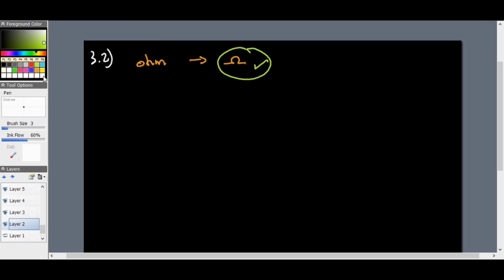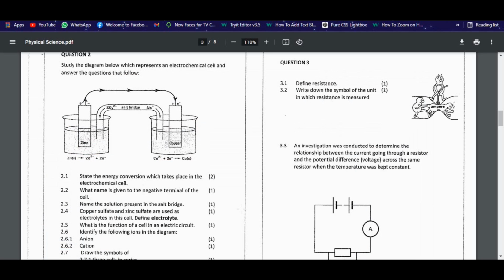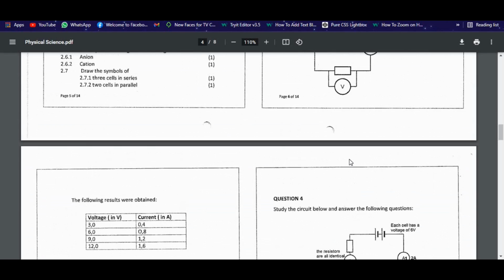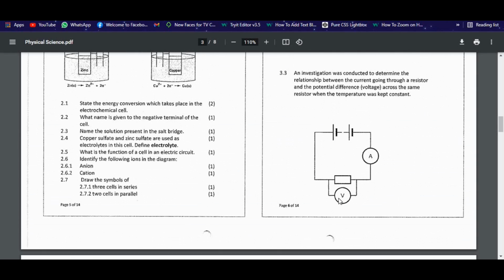Okay, let's move on to 3.3. The question is over here on this side, but that's how the circuit looks with the ammeter and voltmeter across a resistor. An investigation was conducted to determine the relationship between the current going through a resistor and the potential difference, which is voltage, across the same resistor, when the temperature was kept constant.